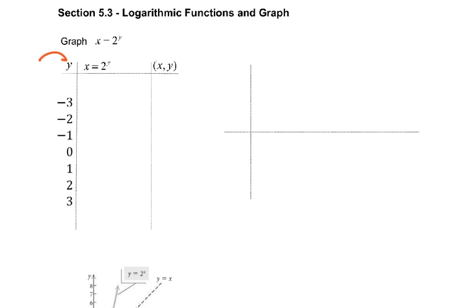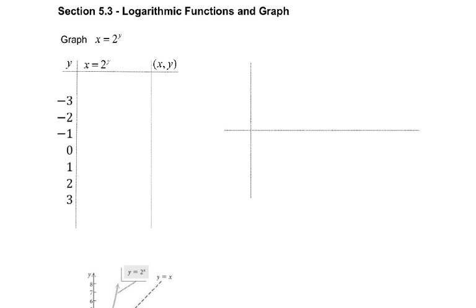Okay, so let's graph this here. You'll notice I'm going to plug in y values to calculate x. x is equal to 2 to the y. All right, so let's plug these in. I'll start with my positive or 0 values first. So x equals 2 to the 0. That gives us 1. So x is 1 when y is 0. So x equals 2 to the first.